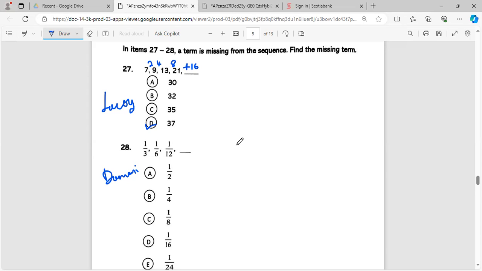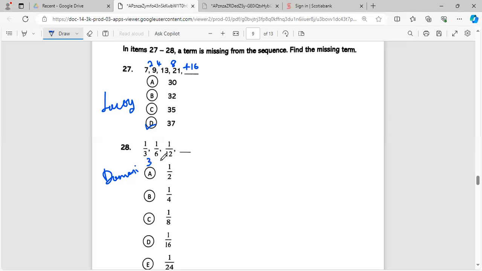All right, sir. On number 28, you have 3 numbers: 3, 6, and 12. The difference between 3 and 6 is 3, right? So it would be 3 times 2 to get 6.